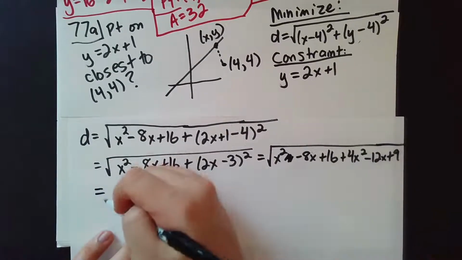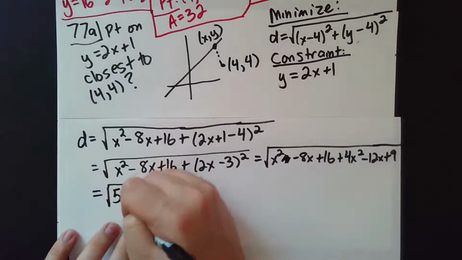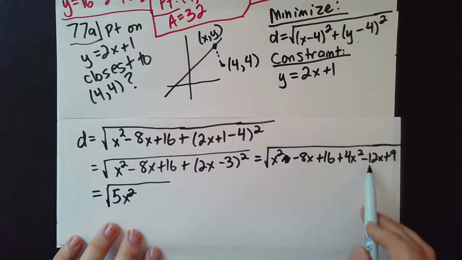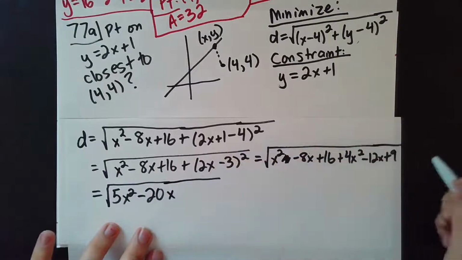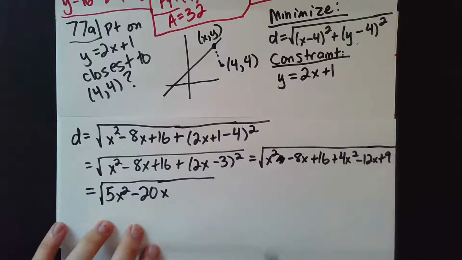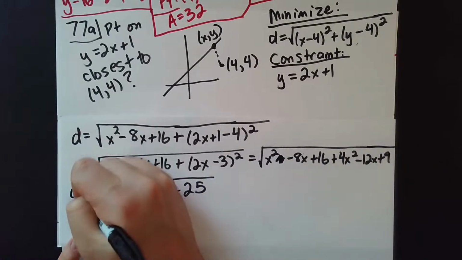And so if I combine all of this, this works out to be 5x squared minus 20x plus 25. That's my d.